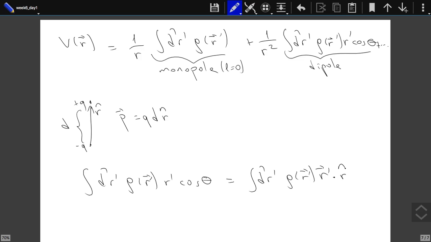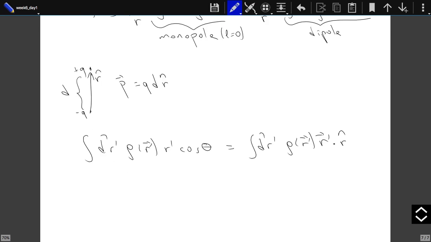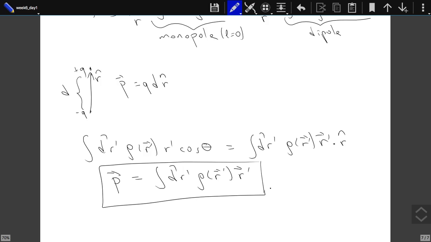This is how we had defined this angle cosine theta. Cosine theta is the angle between the r prime vector and the r vector. So the general definition of a dipole is, the dipole vector is this one. This is the dipole vector in general.